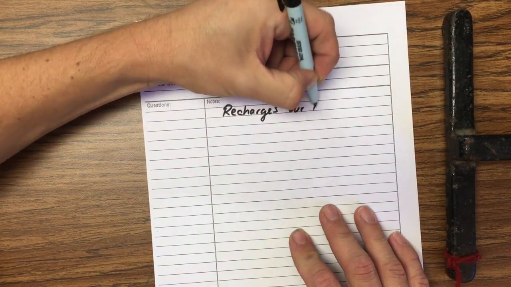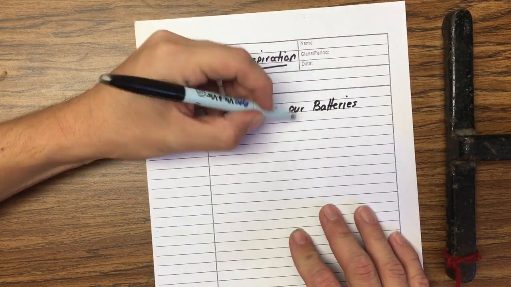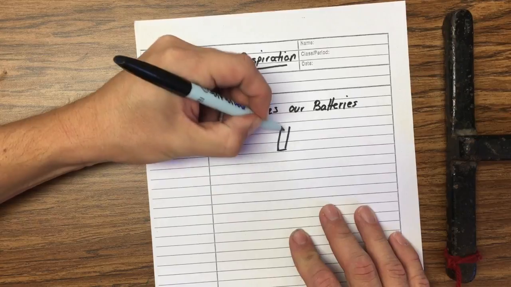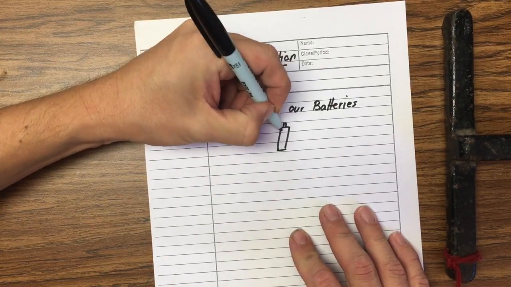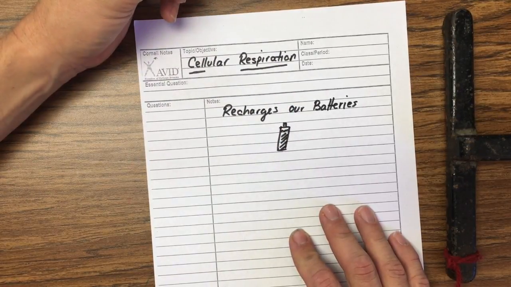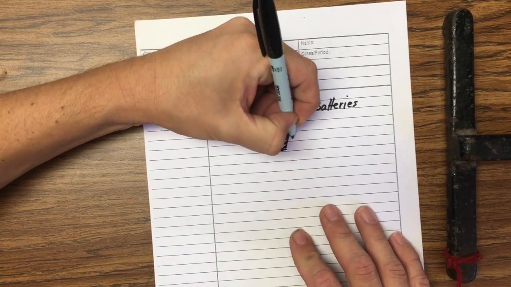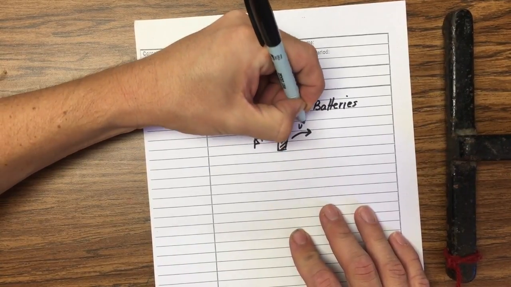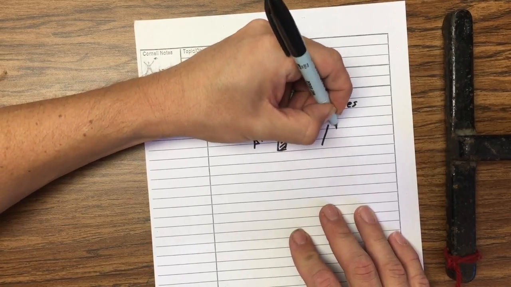So cellular respiration, the big concept, is that it's the process that recharges our batteries. In our cells we have molecules that work like batteries. When this battery is supercharged, charged all the way, we call that ATP. When we use that energy, the battery gets uncharged, just like your phone.